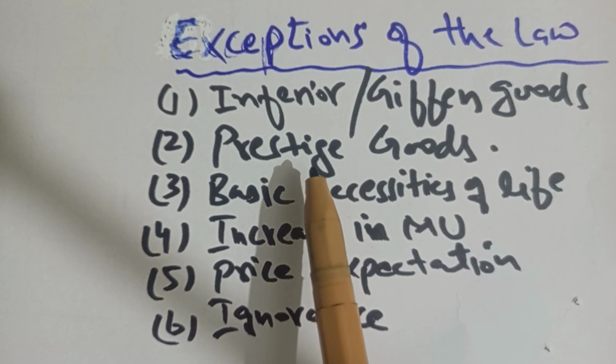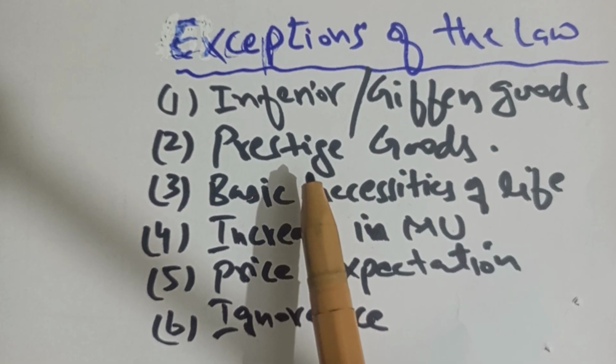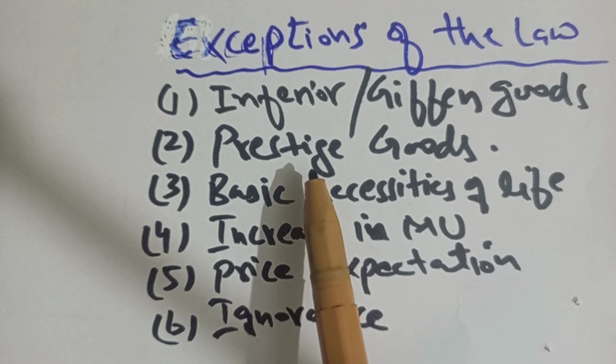In this case, a consumer will buy less of the diamond at a low price because with the fall in price, its prestige value goes down. On the other hand, when the price of a diamond increases, the prestige value goes up and therefore the quantity demanded of it will increase.